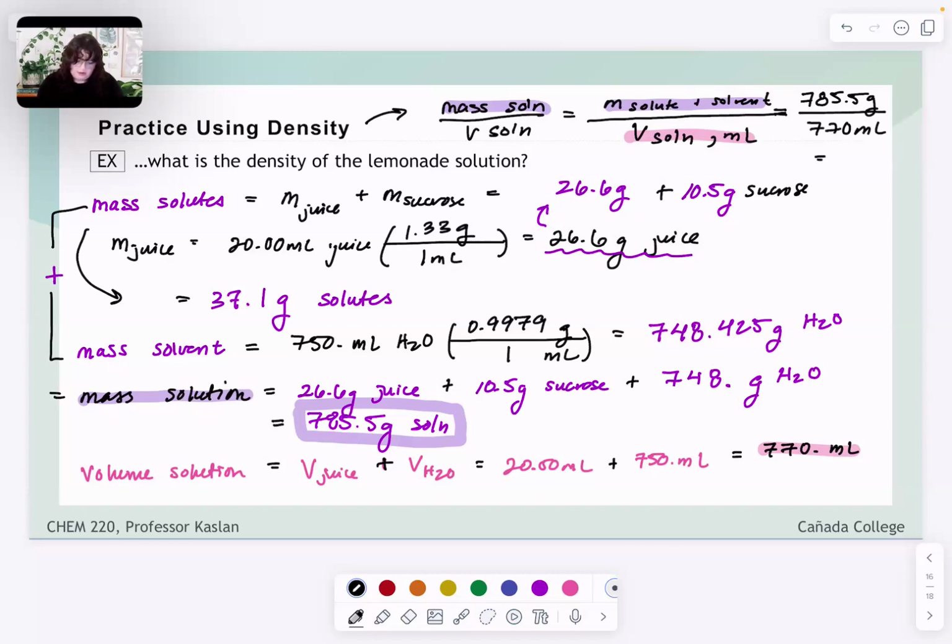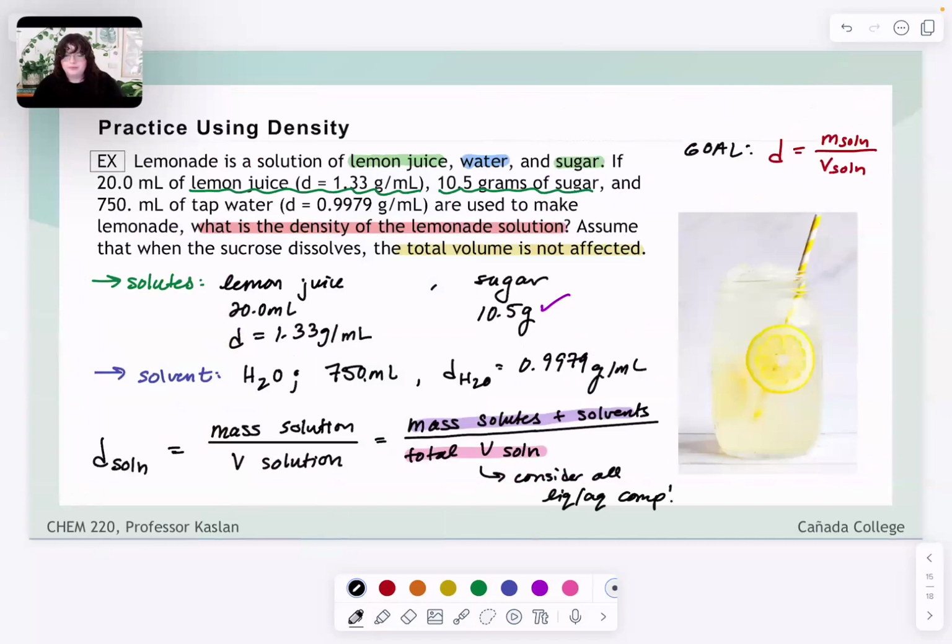I know that I'm going to have to limit myself to 3 sig figs. So I get a solution density of 1.02 grams per milliliter for this lemonade solution. So our density was 1.02 grams per milliliter.